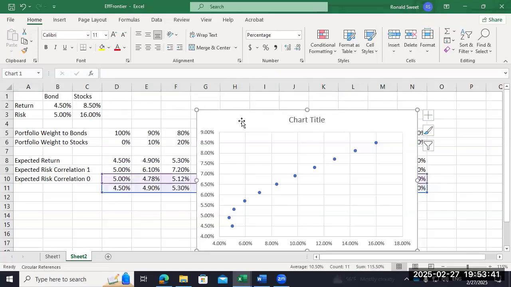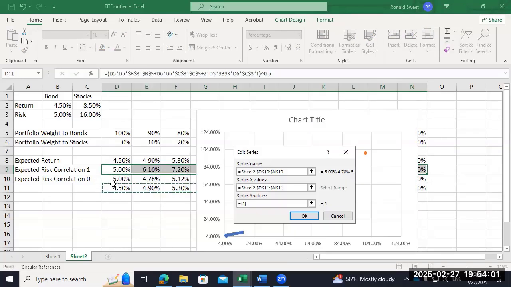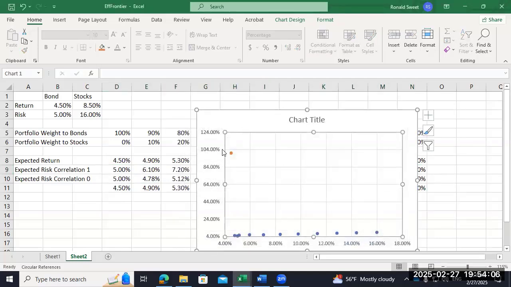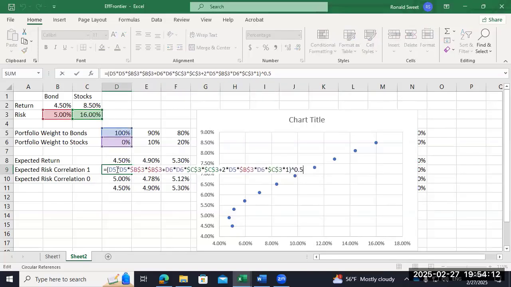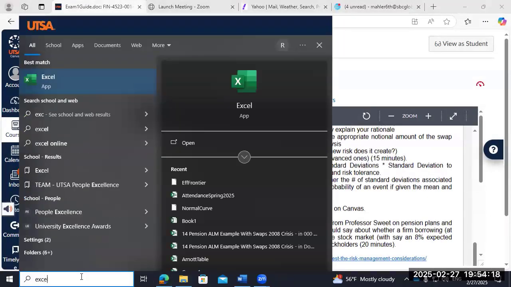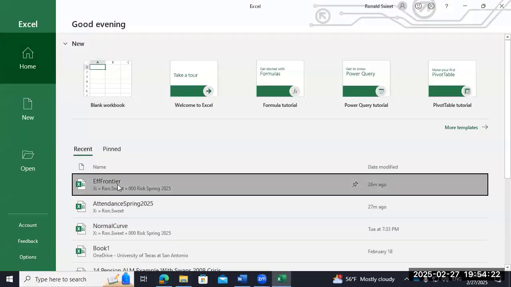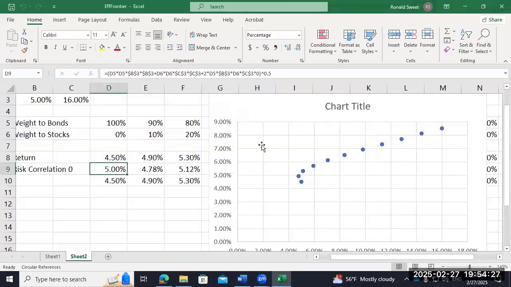What I'm not sure of is how I can get this into the graph, but we'll see. That looked like it messed it up. That's not a correlation of one though, so that doesn't make sense. I always have trouble with that, and we just lost Excel. Don't know how that happened. All right, but just trust me.